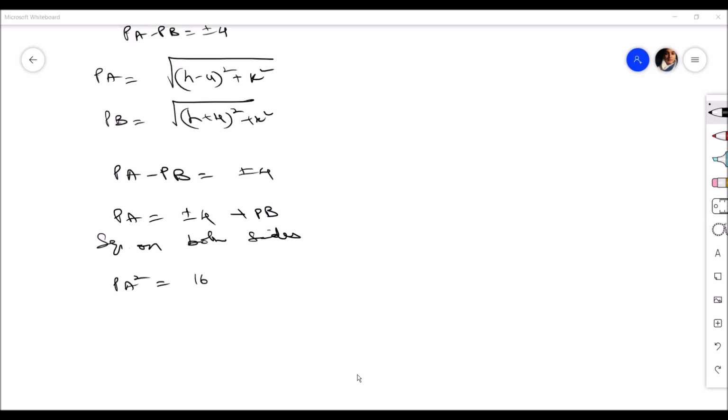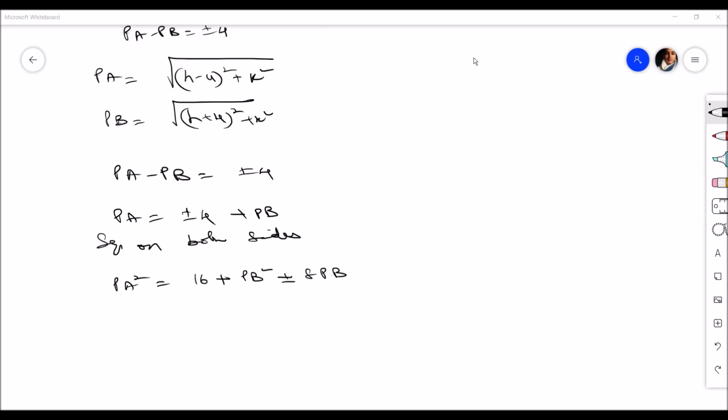Then plus B square, that is PB square. Again, plus or minus 8 into PB. How many of you have understood this point?